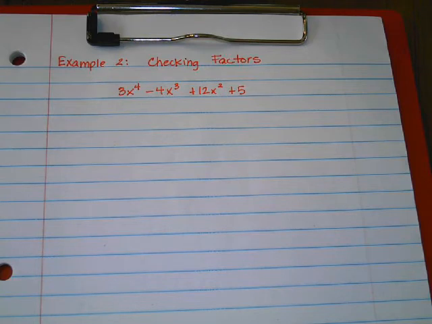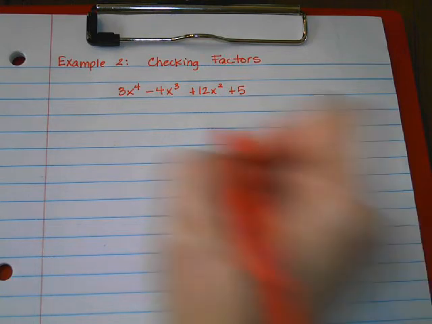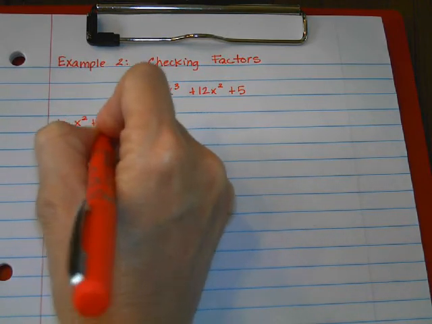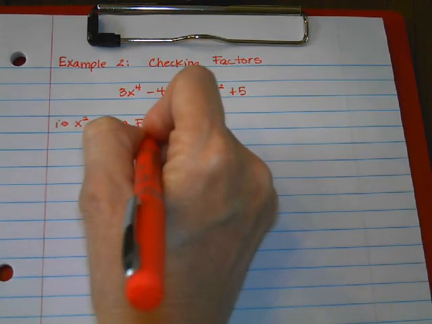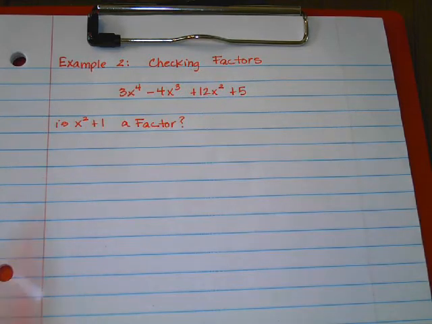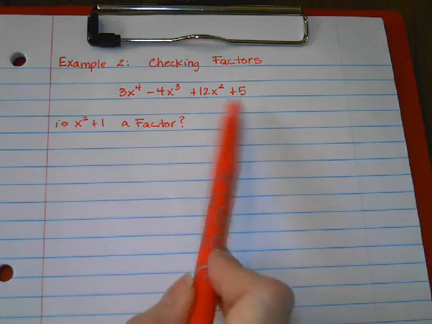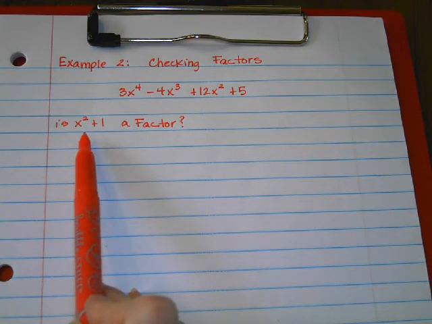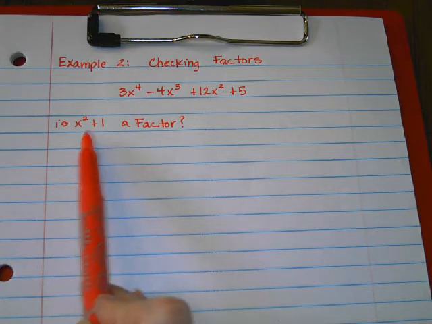I want to know, is x squared plus 1 a factor? So here they want to know if I take this polynomial and divide it by x squared plus 1, will I get a remainder of 0?